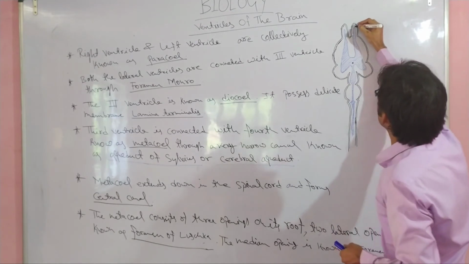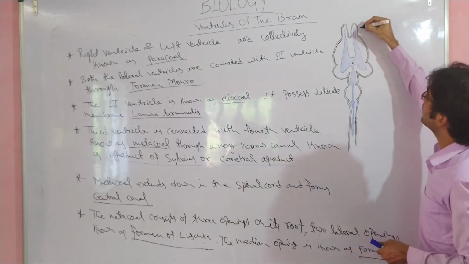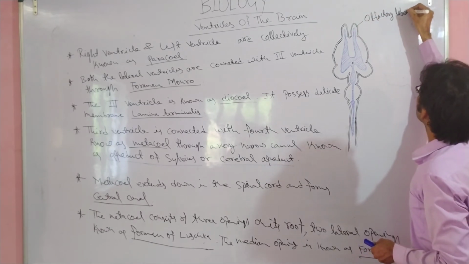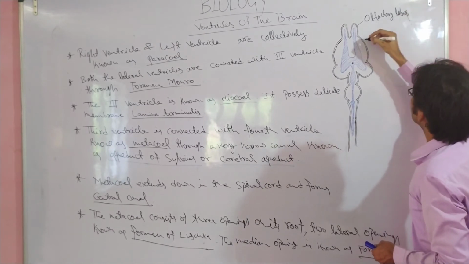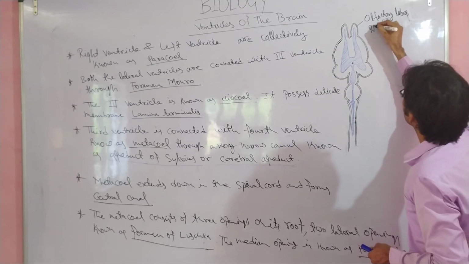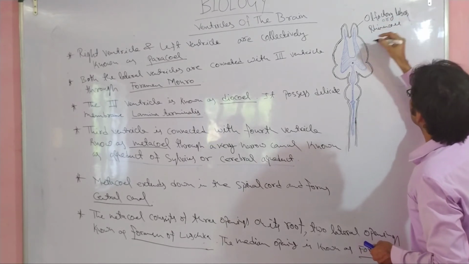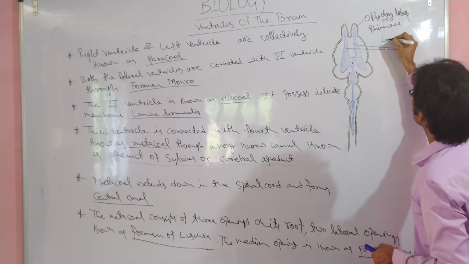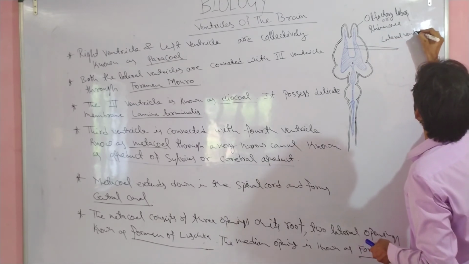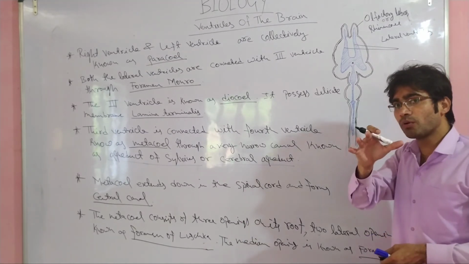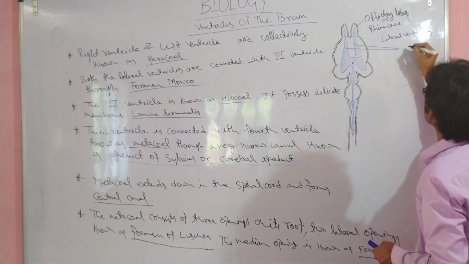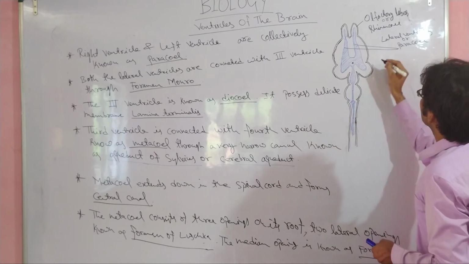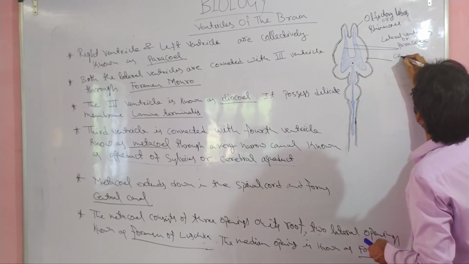See, these two lobes are known as olfactory lobes, or simply rhinencephalon. These two ventricles, the lateral ventricles, are collectively known as paracele. This is the cerebral hemisphere.